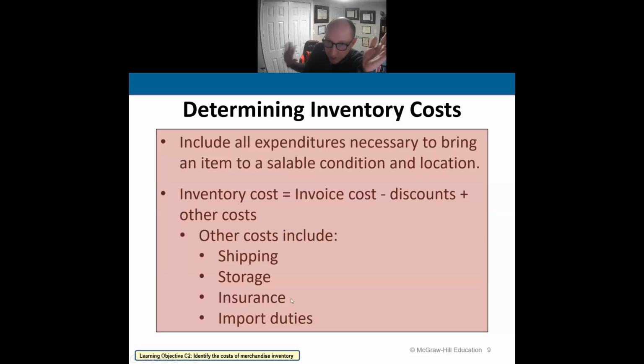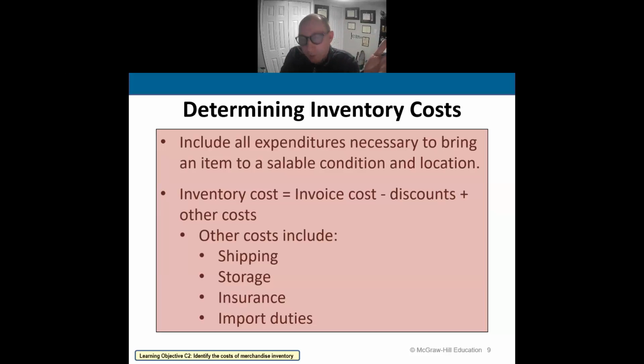So remember the example I gave? Macy's paid, I forget what it was, 50 cents for each red shirt. That's just the cost of the red shirt. Shipping was an extra 10 cents. Storage was an extra 5 cents. Insurance was another 5 cents. Import duties was 2 cents. You add all those cents together, now we're talking dollars and cents.